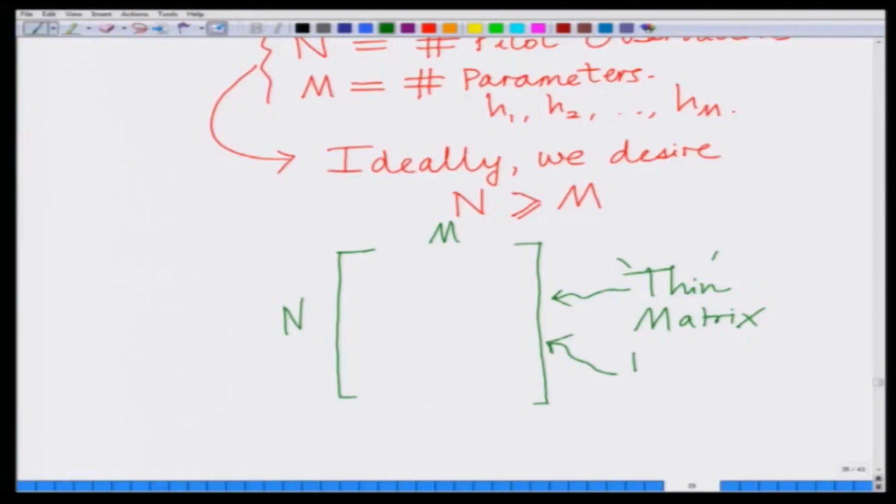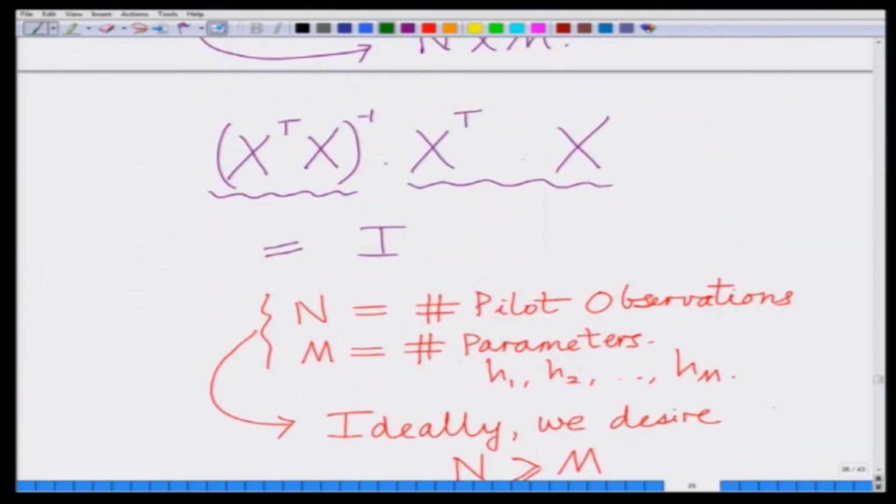So for n greater than m, the inverse does not exist. However, if you look at x transpose x inverse x transpose times x, it equals identity.